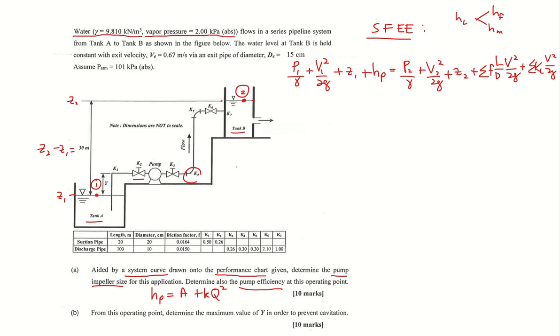So what is P1? Since the tank is open to the atmosphere, P1 is atmospheric pressure. Similarly for P2, it's at atmospheric pressure. And the tank is open to the atmosphere, and we assume both tanks are very large, so velocity is almost zero on the water surface.